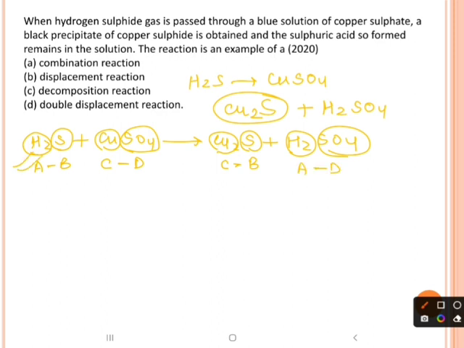Yes, we have seen this. What is this? This is the mechanism of double displacement. So from the mechanism we can easily prove that this is a double displacement reaction.